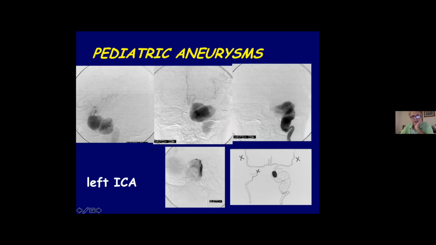I navigate, it's a very odd case also. I put the balloon. Look at this, before treatment, the anterior communicating artery is still open, and you have the middle cerebral artery on the right side.